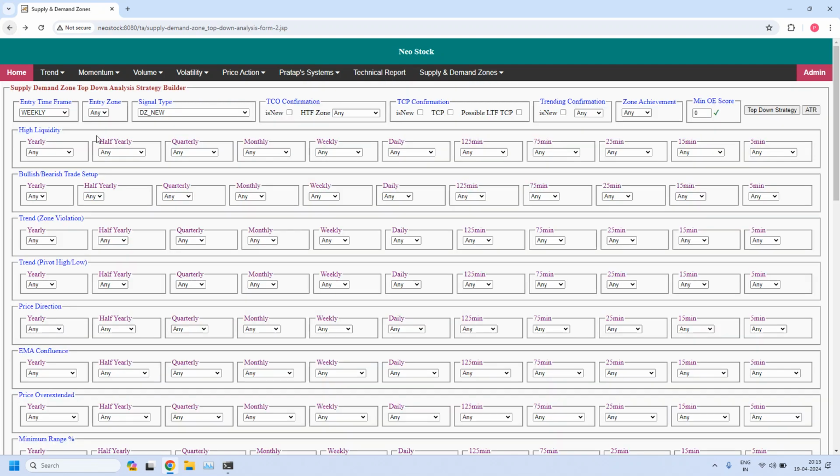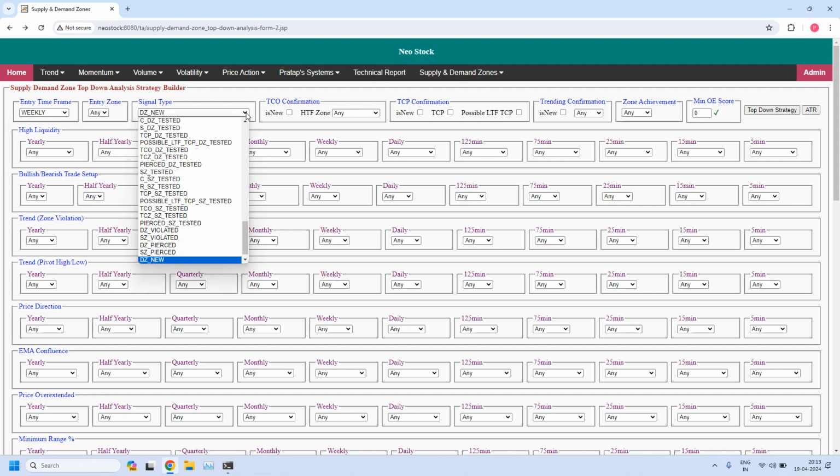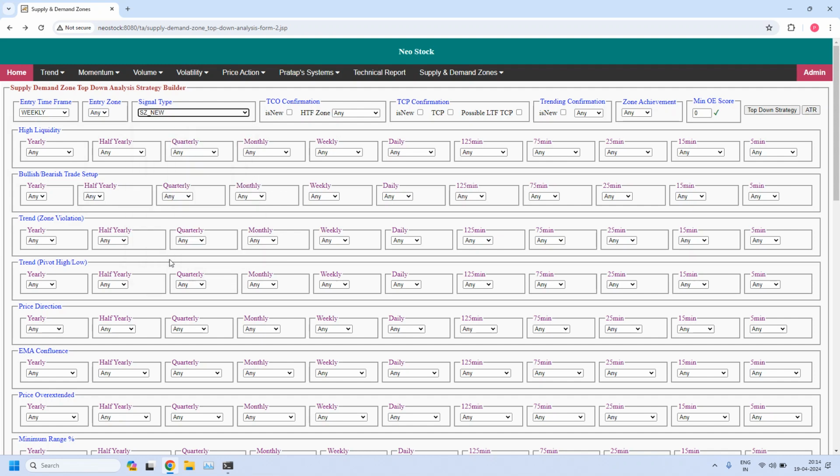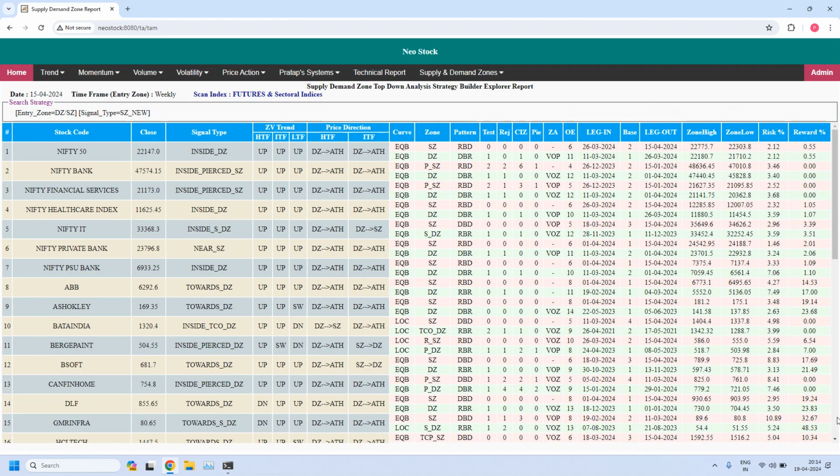So let me go back. For weekly time frame, let us find the stocks having newly created weekly supply zones. Oh, good number of supply zones are created during this week. That indicates this week is having a huge supply.